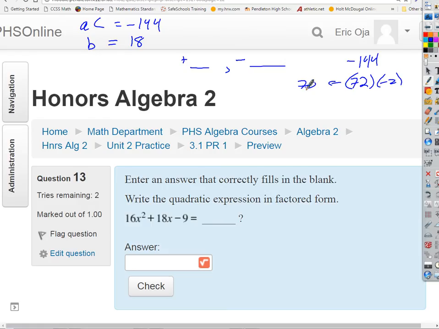Or you know that when you add them up, they have to add to 18. That means that the positive one is 18 bigger than the negative one. So what I would prefer to do, and if you like this, fine, if not, you can just keep making a list of factors. I just make a list of numbers where the positive one is 18 bigger than the negative one, and see which one multiplies to negative 144.